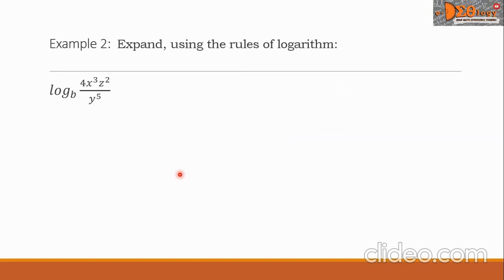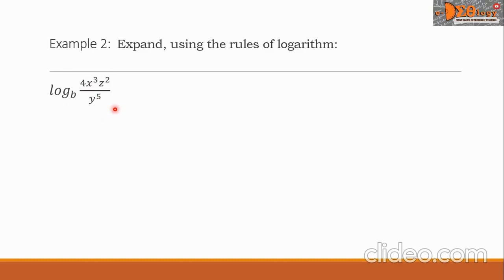Let us go to example 2. Expand using the rules of logarithm. So this is log of a fraction where the numerator is 4x cubed z squared, all over the denominator y raised to 5, to base b. So this is taking the logarithm of a quotient.